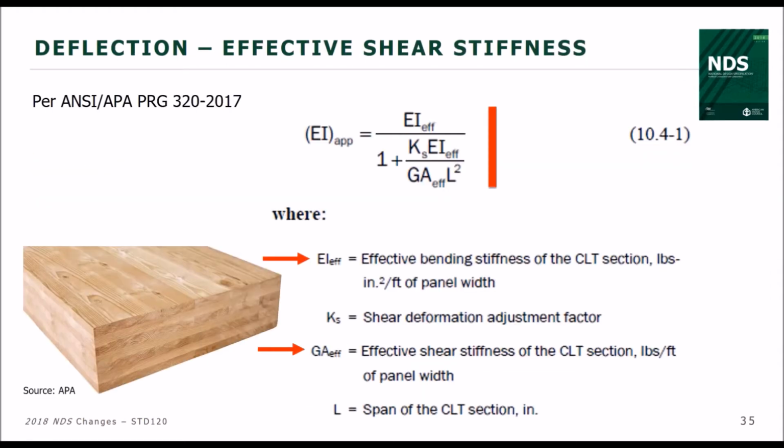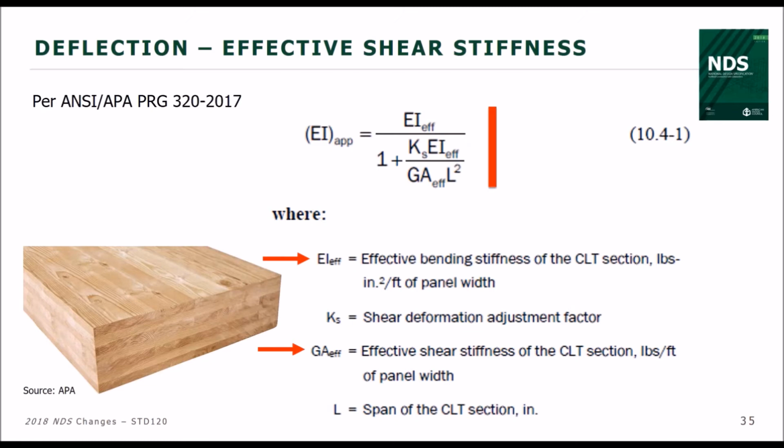And we've also had some revisions related to CLT deflection provisions to include the term EI effective, for effective bending stiffness, and then GA effective, which is the effective shear stiffness of cross-laminated timber. And this is to correlate with the changes that you will see in ANSI/APA PRG 320, which is the 2017 version of the performance rated standard for CLT.